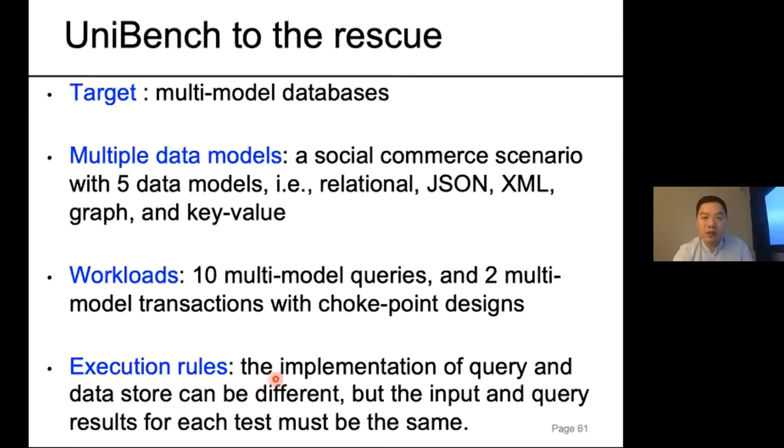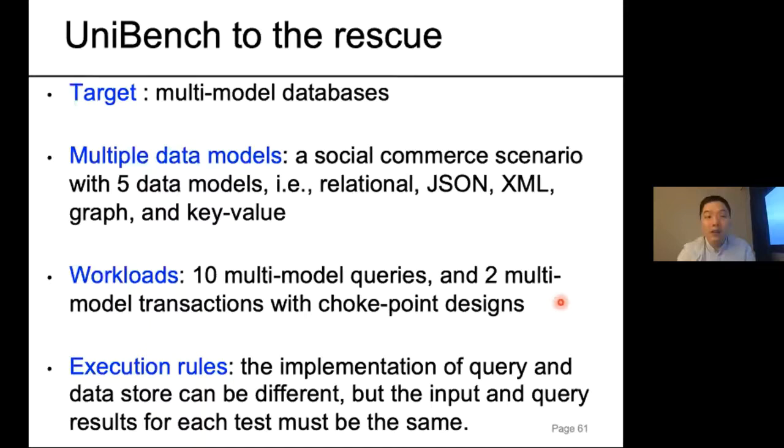So to address these challenges, we developed a benchmark named UniBench for multimodal databases. It's based on a social commerce scenario with 5 data models: relational, JSON, XML, graph, and key-value. And it has a workload of 10 multimodal queries and 2 multimodal transactions with choke point designs.